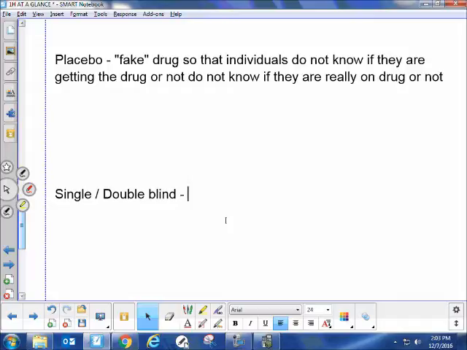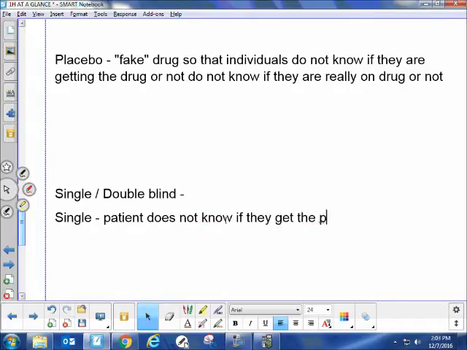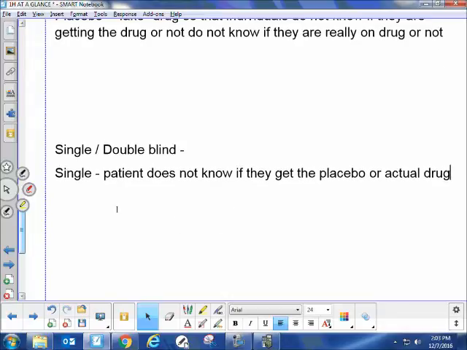There are single-blind or double-blind studies. We'll talk about single-blind. That is when the patient does not know if they're getting the placebo or actual drug or whatever other treatment. Okay, that is typically what you need to do in an experiment.